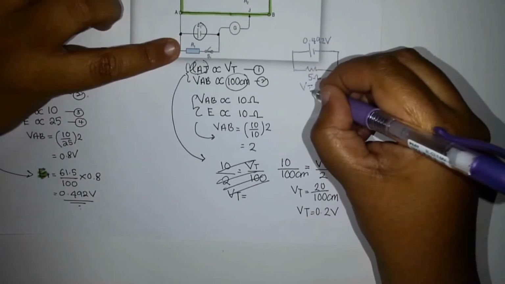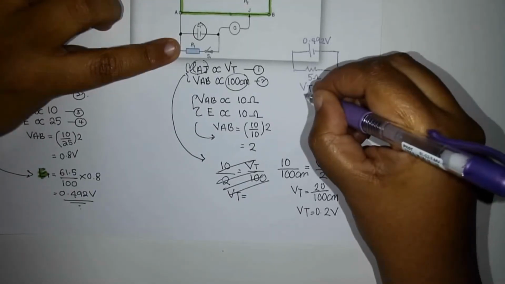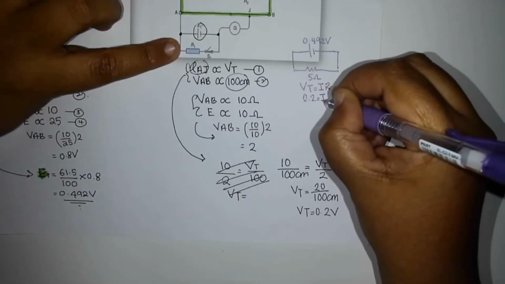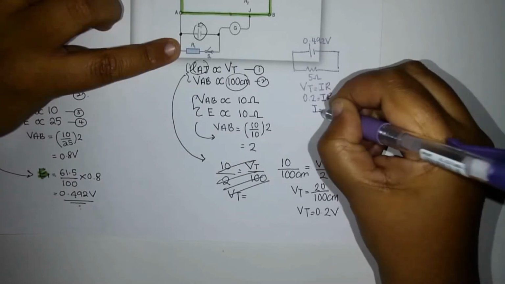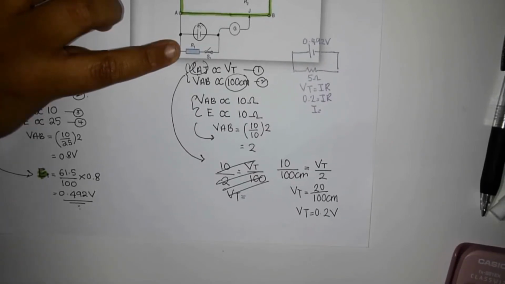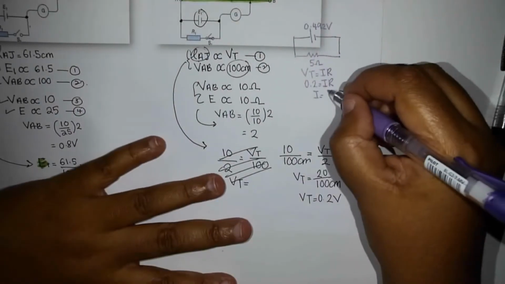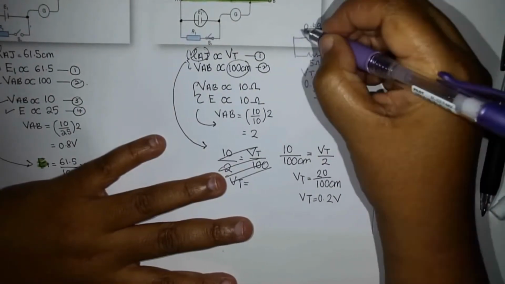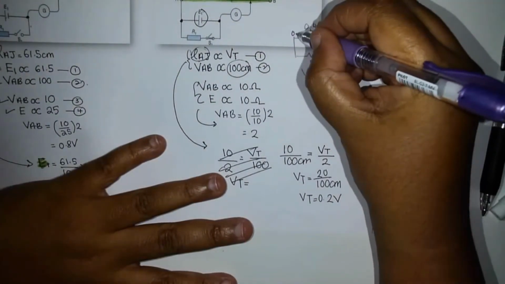So VT is equals to IR. VT is 0.2, so I is equals to 0.2 divided by 5, which is 0.04. So the current flow is 0.04.